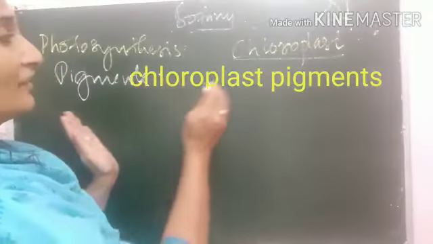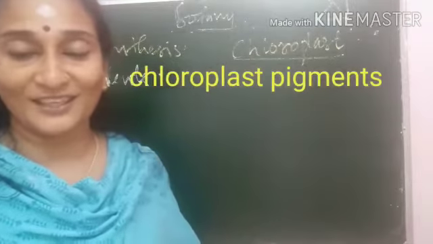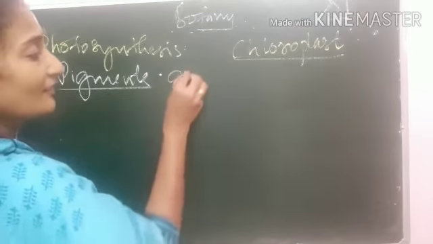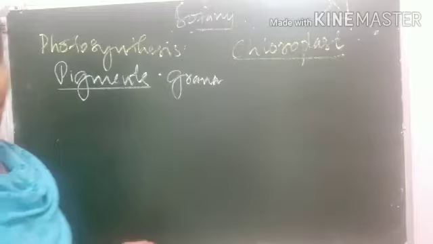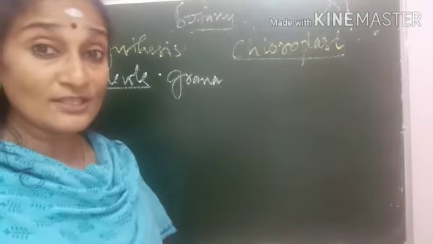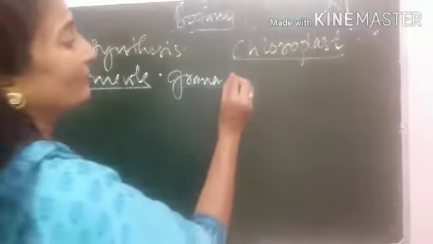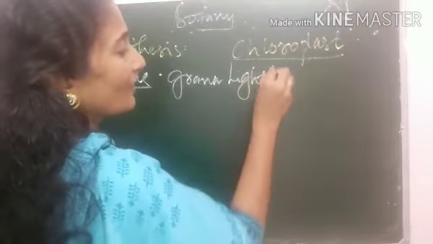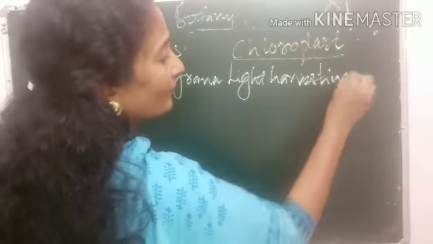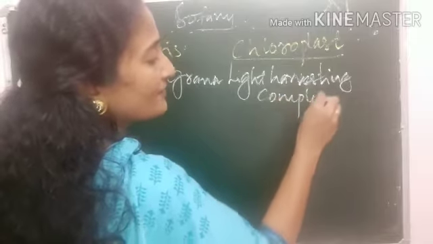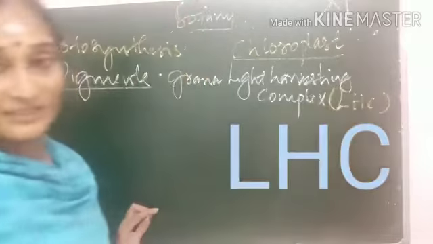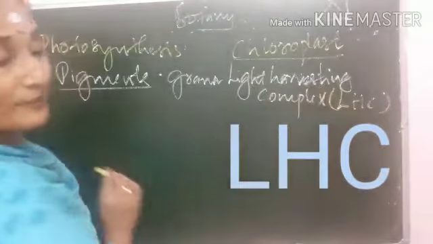So let's study about the chloroplast pigments today. The chloroplast pigments are seen in grana. Different types of chloroplast pigments are present, and all those pigments together are called the light harvesting complex, LHC.